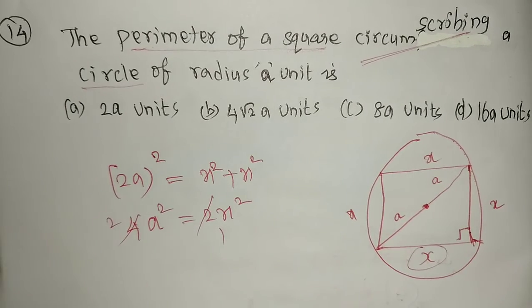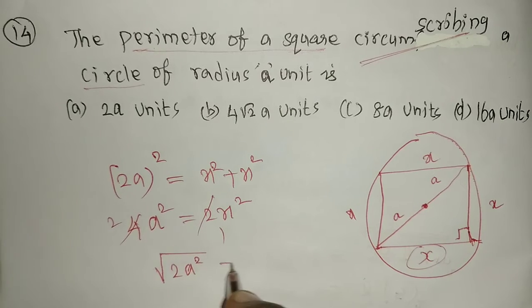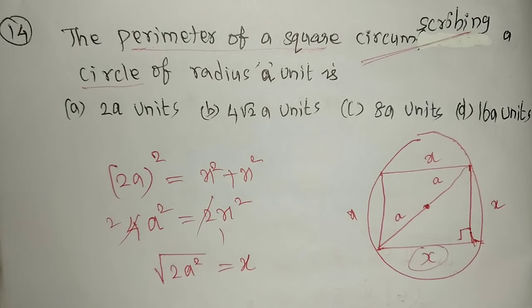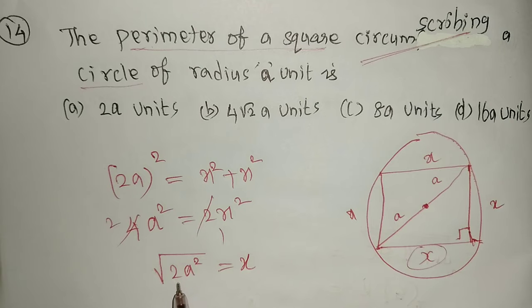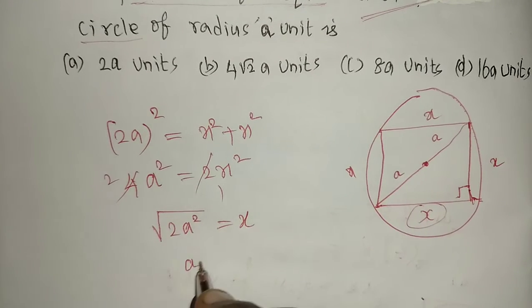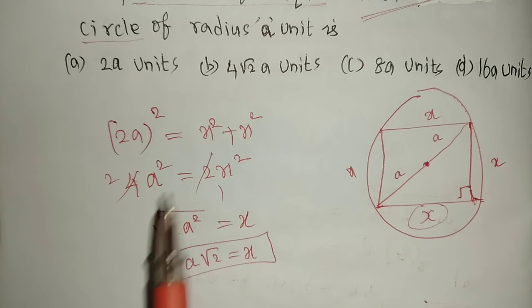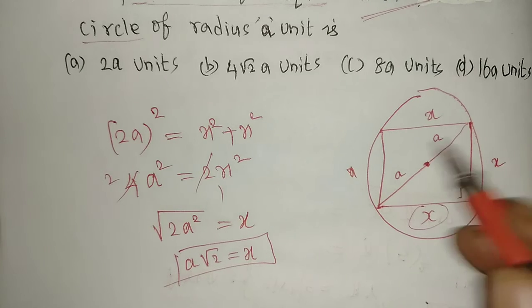Now cancel this 1 time, this 2 times. The square comes to the opposite side: root of 2a² is equal to x. Now we got x. The root is common for both 2 and a², and for a² we have the root value a. Root 2 we just write as well as a, which is equal to x. But they asked to find the perimeter of the square.